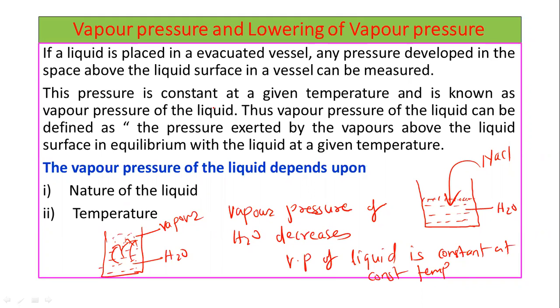This pressure is constant at a given temperature and is known as the vapor pressure of the liquid.